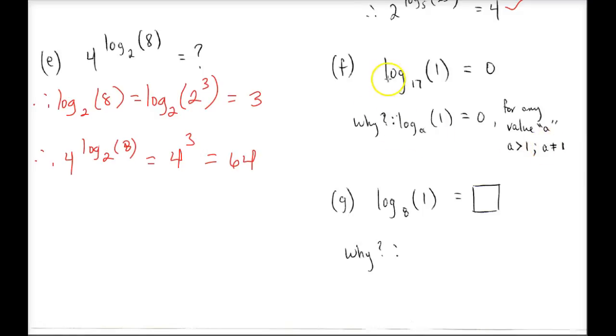For example F, we know that log of anything evaluated at 1 is 0. Okay. And so, of course, our property tells us that. So here we have log base 8 of 1. Since it's log of anything evaluated at 1, the answer will be 0.